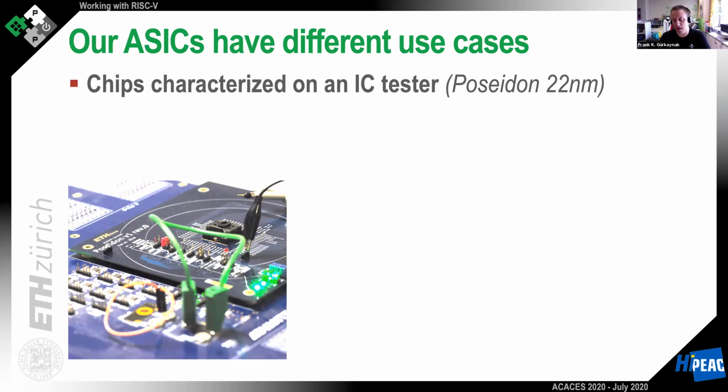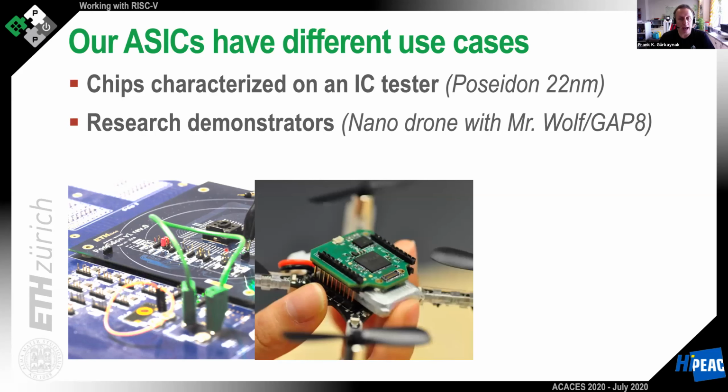And this is one of our main works. So roughly half of our chips are meant for testing on such a tester to be characterized to understand what is happening. And then there are some chips.